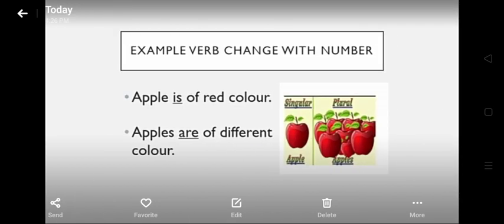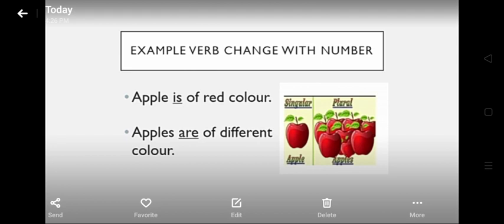Now, an example of a verb that changes as per number. Here, the apple is of red color. Apples are of different colors. In the first example, we have the verb is because the subject is apple, that is only one apple.